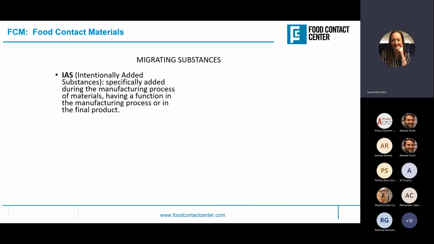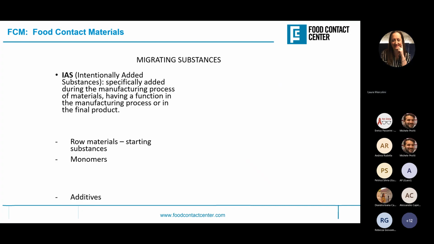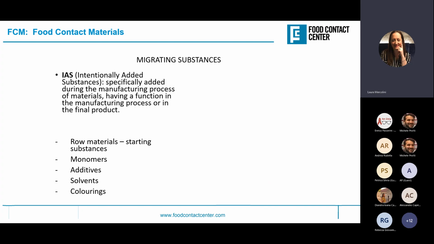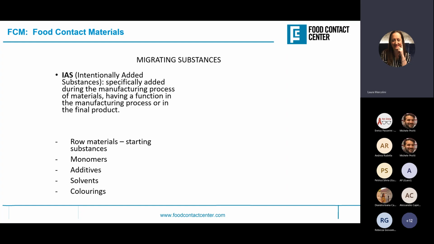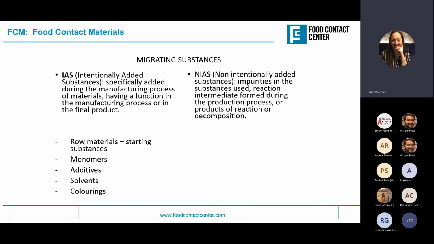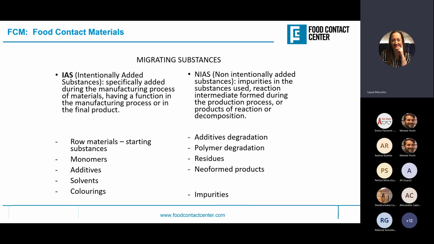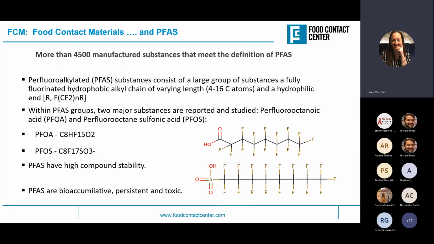Usually we talk about IAS, so intentionally added substances: raw materials, monomers, solvents, coloring. But we also have to detect NIAS, so non-intentionally added substances: additives, degradation, polymer degradation, residues, neoformed products, impurities, and also, of course, some new PFAS.